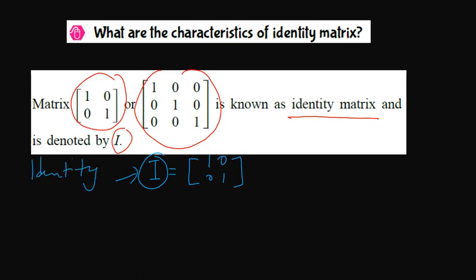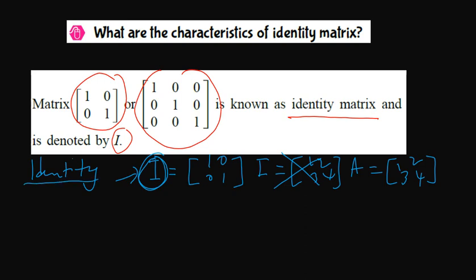Don't use any number. Other matrices you can write A equal something, 1 2 3 4, but you cannot write I equal 1 2 3 4. No, this is very special. The symbol I is only used for identity matrix.